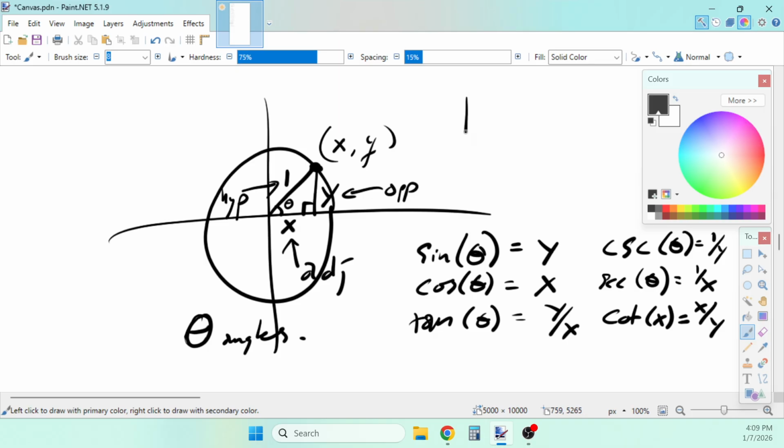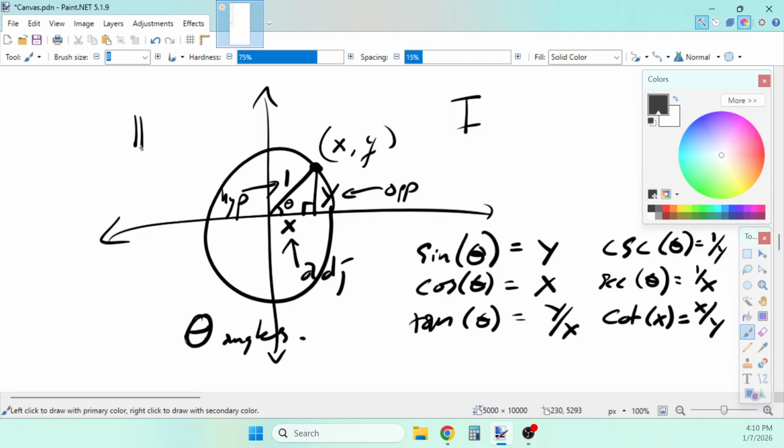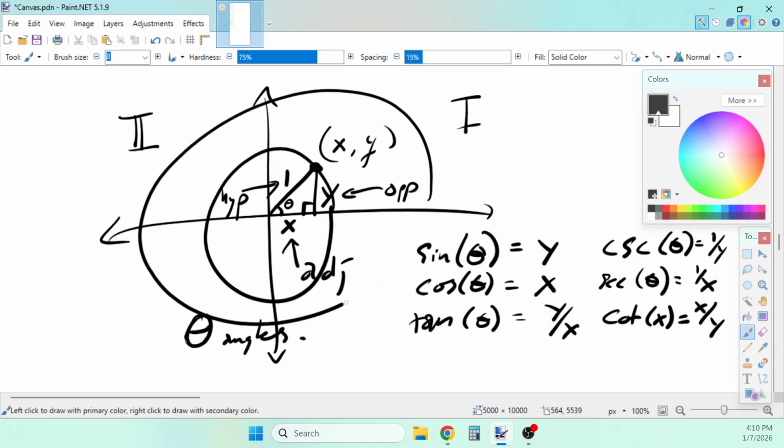In quadrant 1, all of our variables are positive. That means that all of our trig functions will be positive because x and y are positive. In quadrant 2, traditionally we write these in Roman numerals. Quadrant 2, they're numbered going this way around. So quadrant 1, quadrant 2, x is negative, but y is positive.